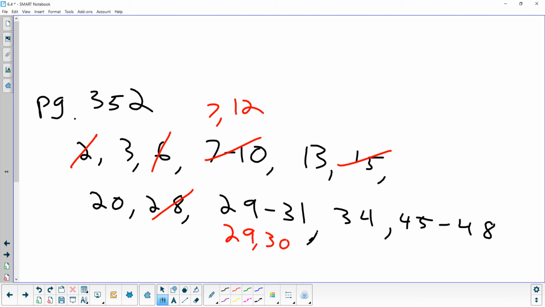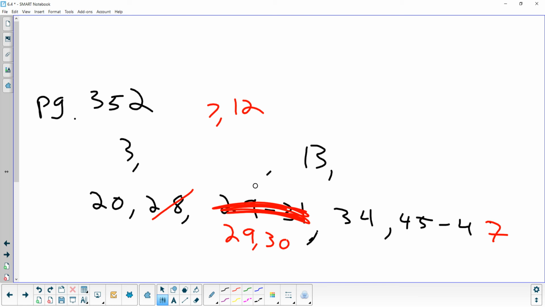Get rid of that. 34. That's fine. And 45, 46, 47, and we'll skip 48. All right, I'll just erase. So what's written on the board, that's the homework. So 3, 7, 12, 13, 20, 29, 30, 34, 45, 46, 47.